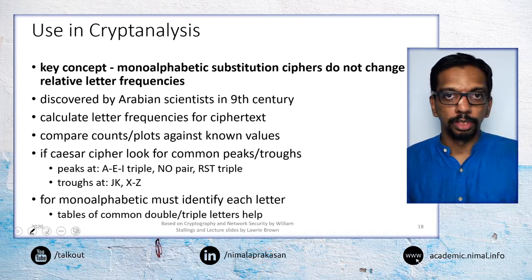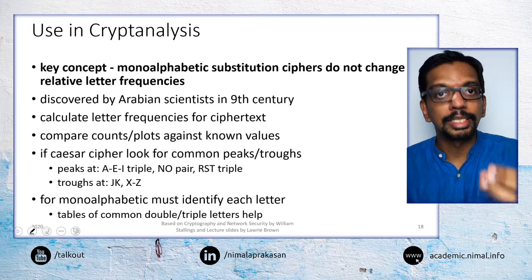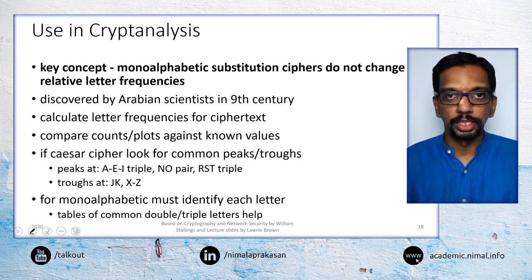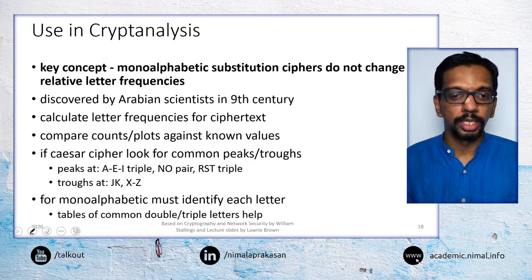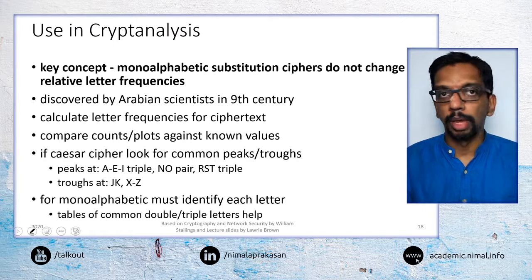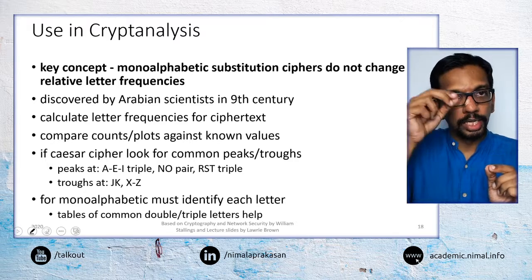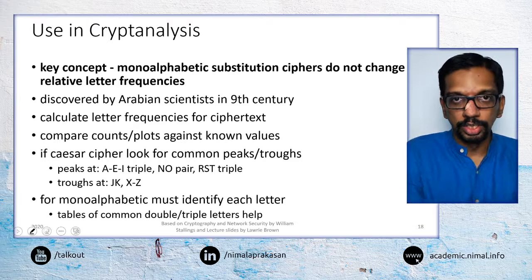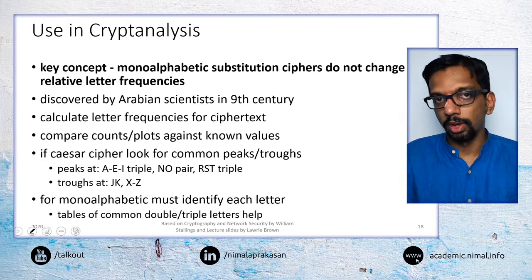Some of these classical cryptographic techniques, as we said, date from Julius Caesar and many centuries ago. This cryptanalysis technique is also an older technique that was devised by Arabian scientists in the 9th century, where you get the frequency of letters in the language. Say you take English and you say in English E is the most commonly occurring letter.